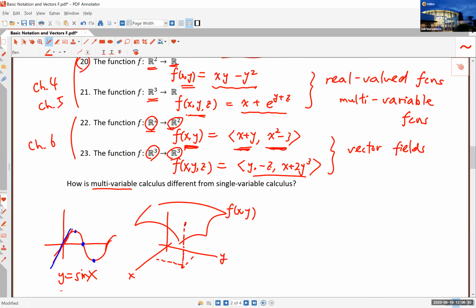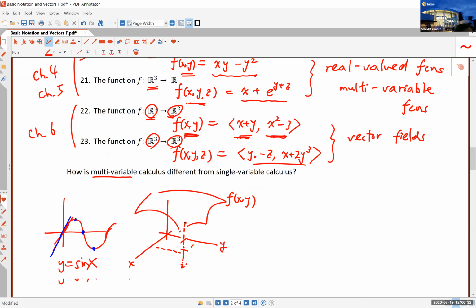Now, how fast is this changing? All right, well, that depends, okay? And instead of a tangent line, we'll be talking about a tangent plane, okay? And you can also be talking about things like in which direction should I go in order to maximize my rate of change, okay? Of course, the rate of change, the derivative, depends on which way you are going, right?